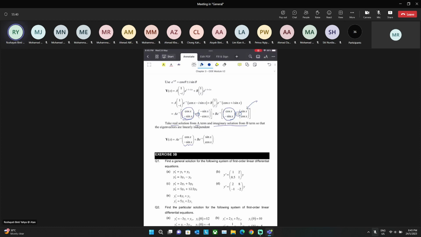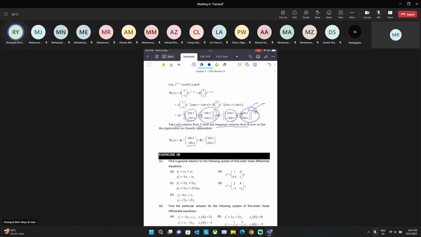I've discussed with the coordinator, and she said if you try to use this value and use the initial condition, you will get the answer if you take this value, but if you choose this imaginary you won't get the answer. And then no I here.